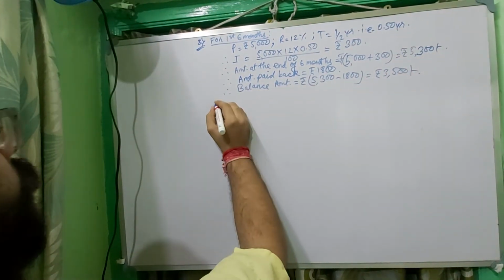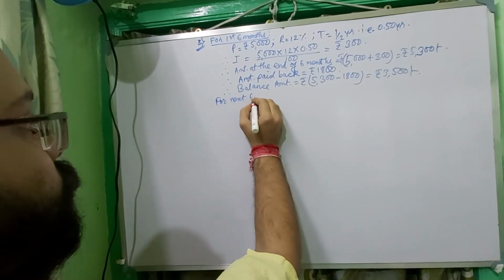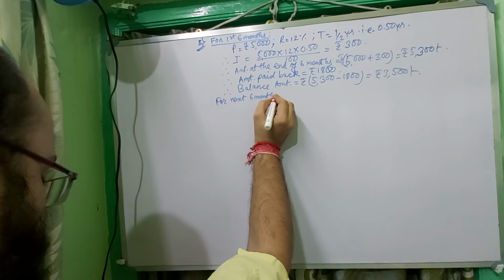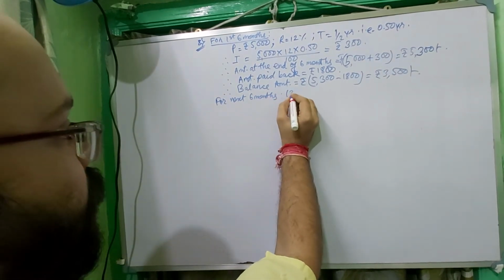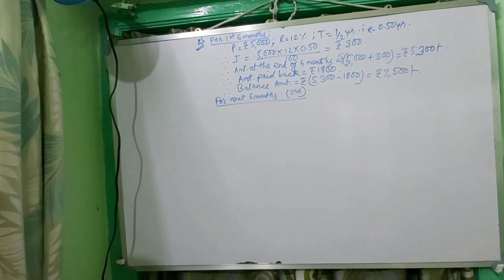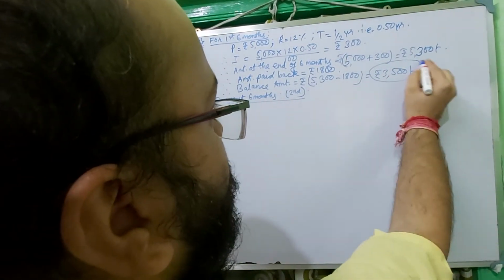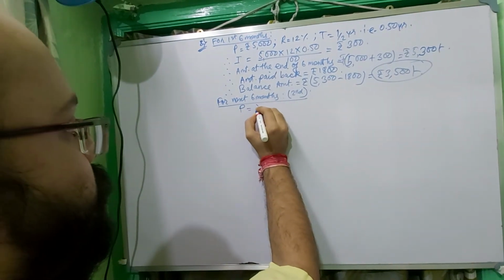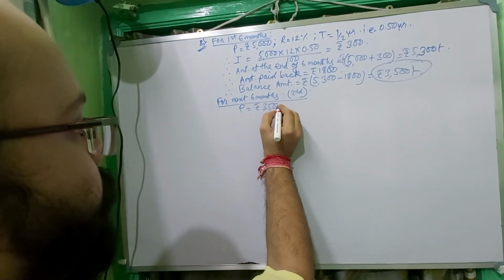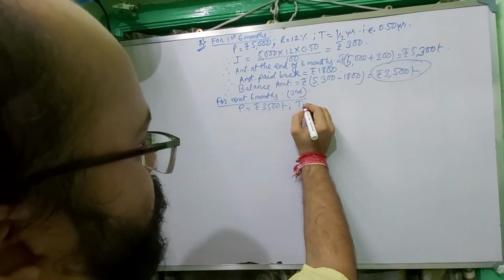Similarly, for the next 6 months, the second period, the principal is this amount, rupees 3,500. Time and rate will be the same.